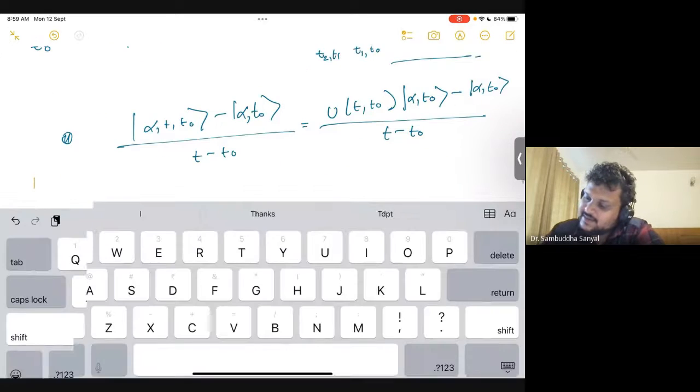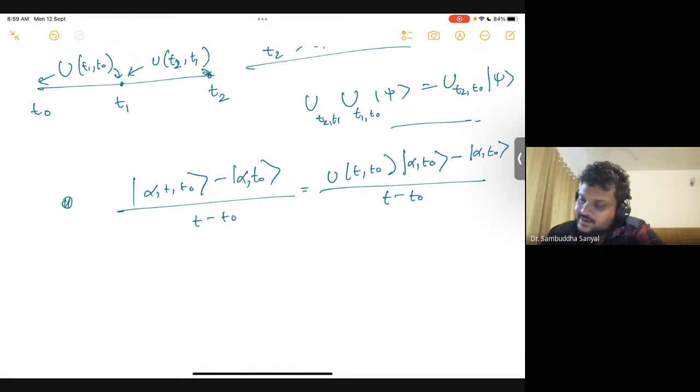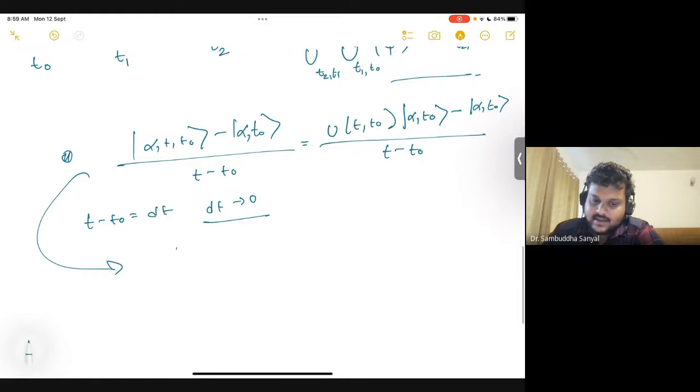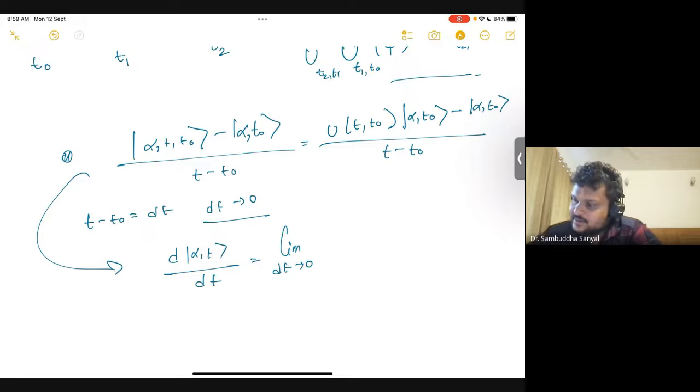So this thing I can call, if T minus T naught is dt, an infinitesimal element, d alpha t dt, in the limit where t minus t naught goes to 0.